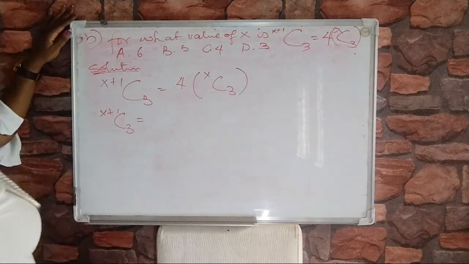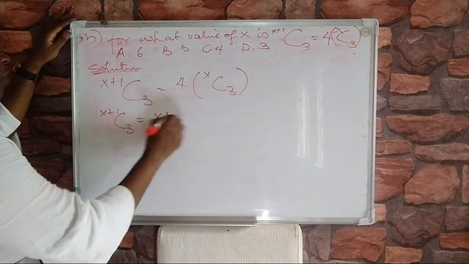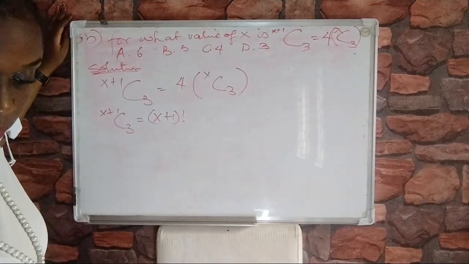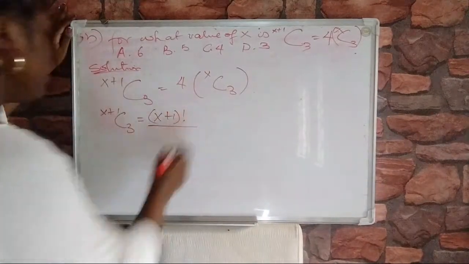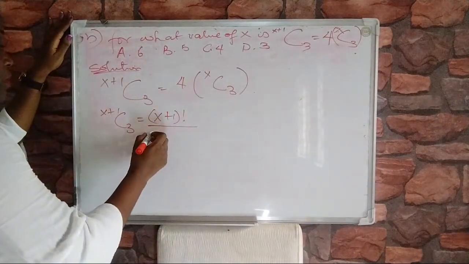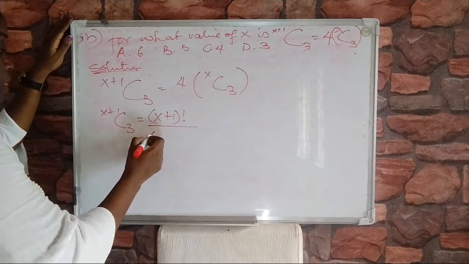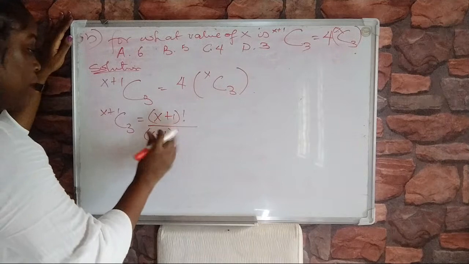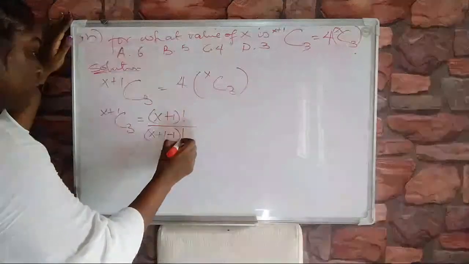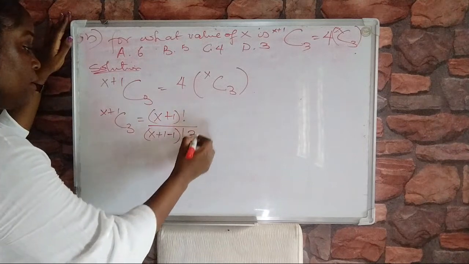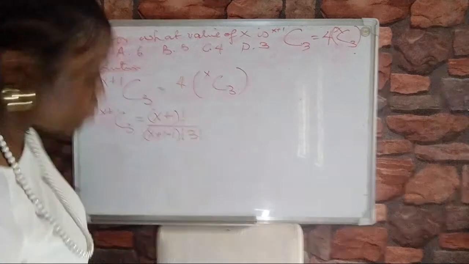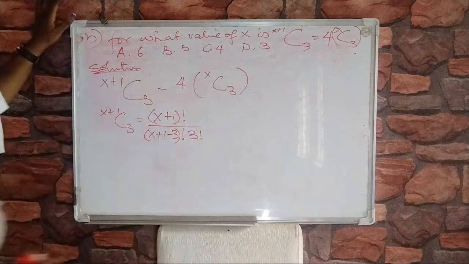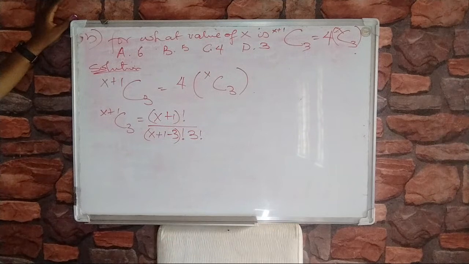X plus 1 combination 3 will be x plus 1 factorial all over x plus 1 minus 3, sorry, x plus 1 minus 3 factorial times 3 factorial, okay? That's the problem, okay?